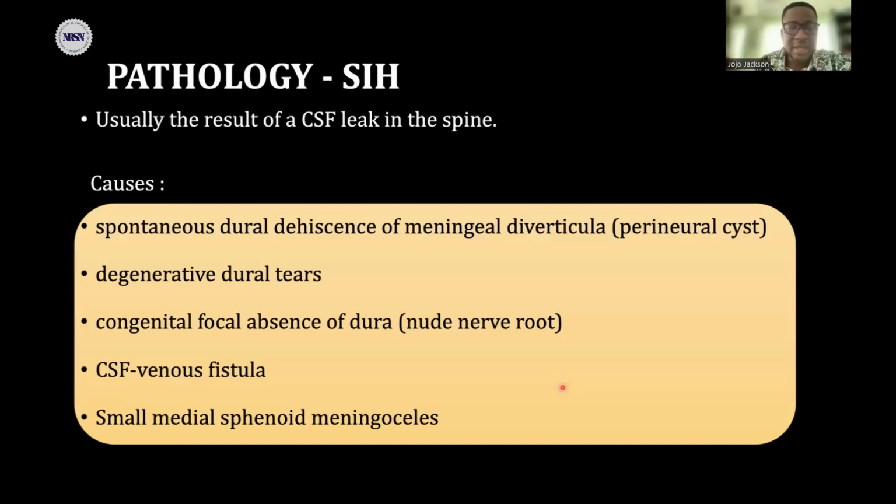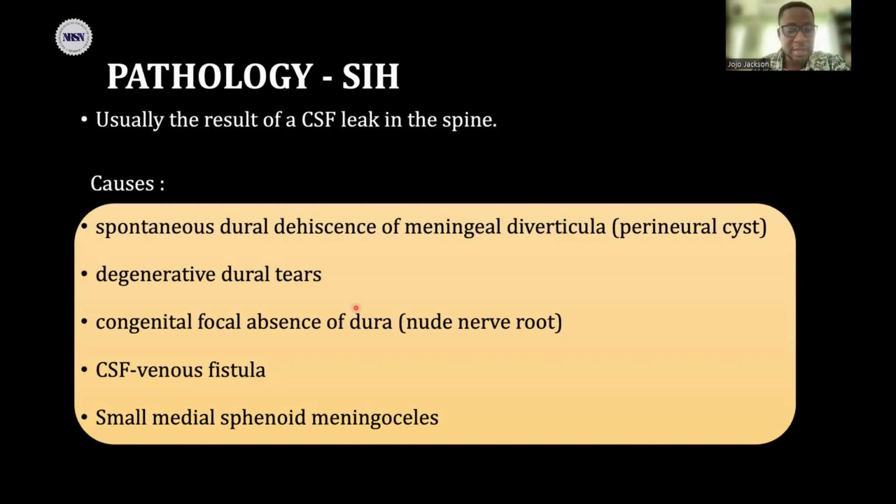SIH results from CSF leak along the spine. If it's trauma, then you can have intracranial fractures or lesions causing it. So causes include dural dehiscent tears from osteophyte complexes, focal absence of dura or of the nerve roots, or a CSF fistula to the venous plexus.